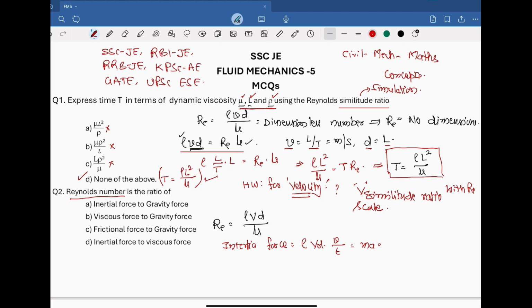That is Newton's law. M is rho into volume. Acceleration is velocity by time. So rho into volume by time into velocity. Can we write this in this way?